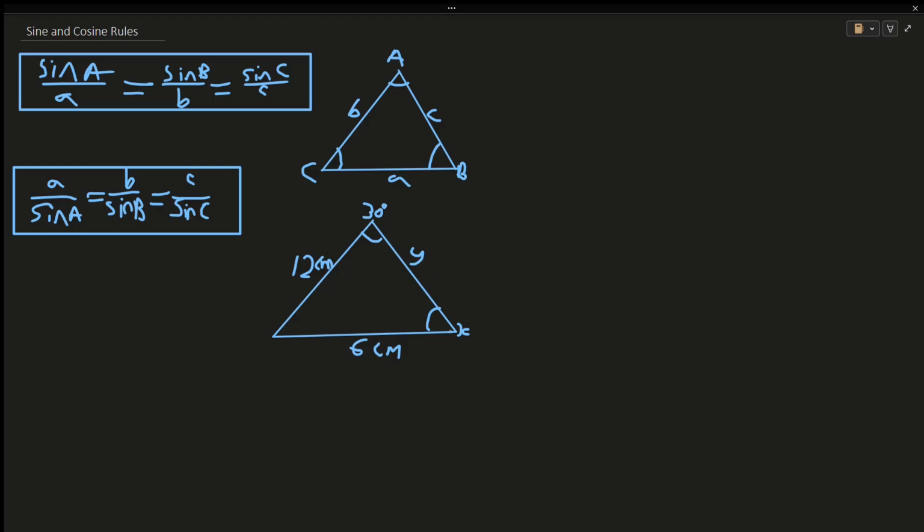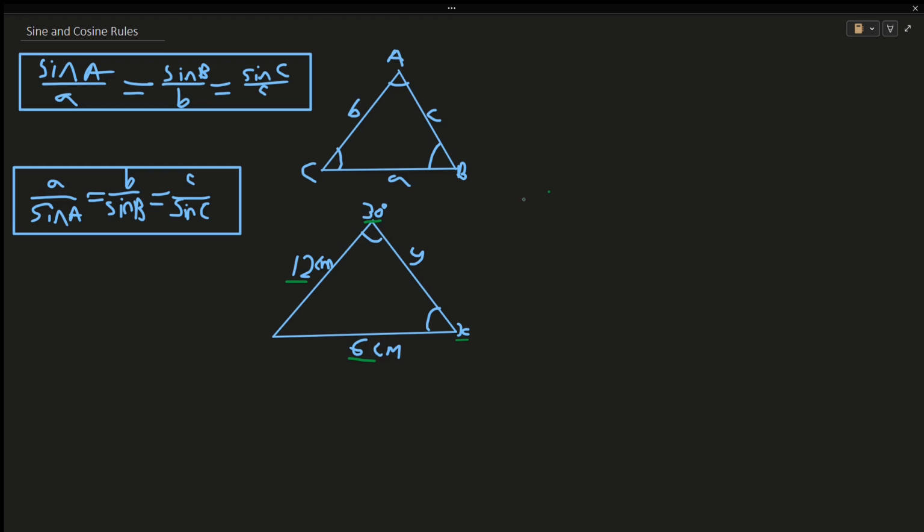So first of all, let's find the angle X. What do we have to find the angle X? We have one angle, we have two sides, and we have an unknown X. This side is opposite the unknown X, and we have the known angle with the known side, so we can use the first version of this formula.